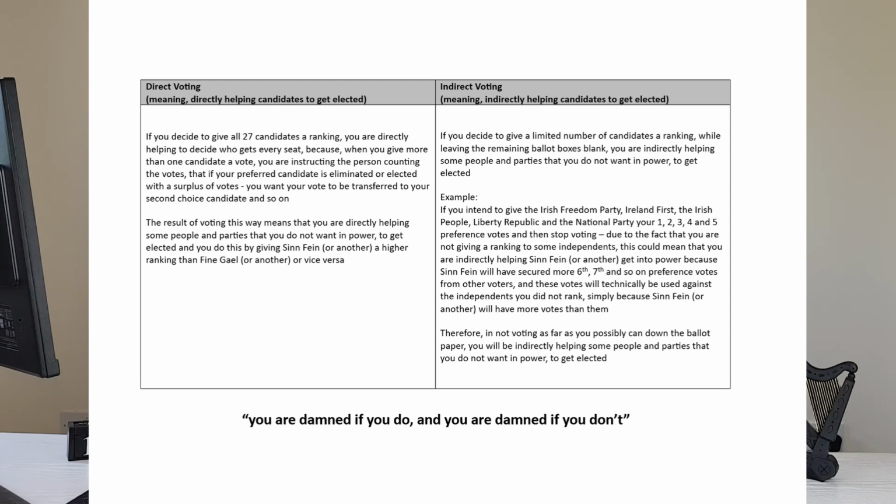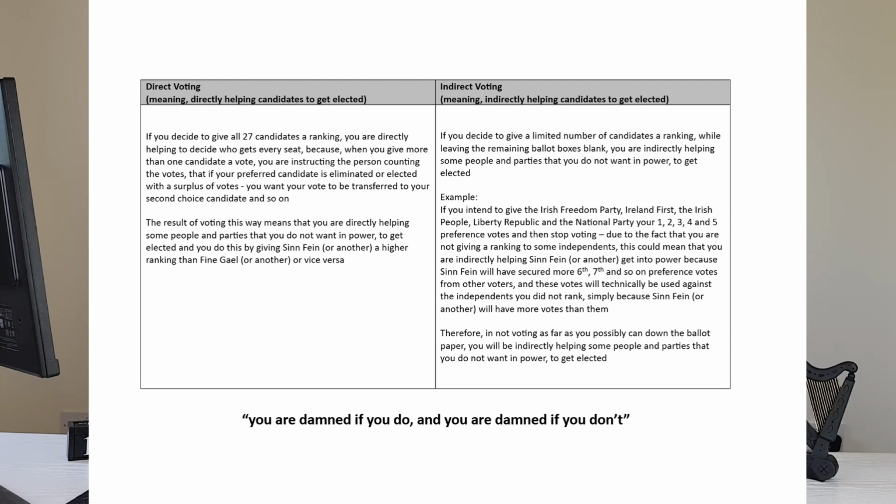So in giving a vote to every candidate, you are directly helping some people and parties that you do not want in power to get elected, and you do this by giving, say, Sinn Féin a higher ranking than Fine Gael or vice versa.